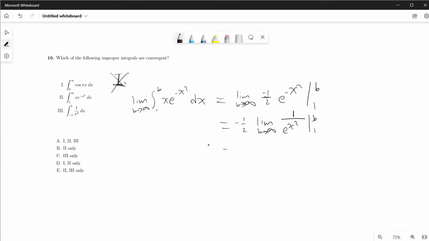And then plug in b for x. Then we have 1 over e to the b squared minus 1 over e.